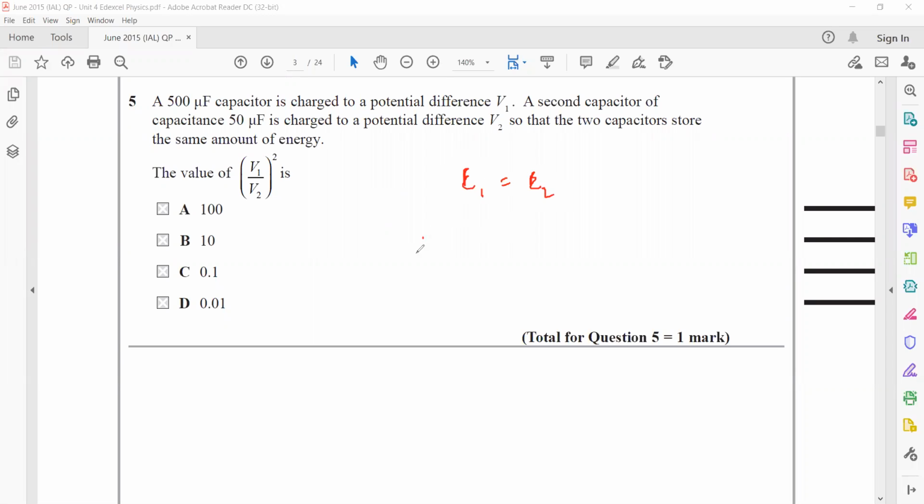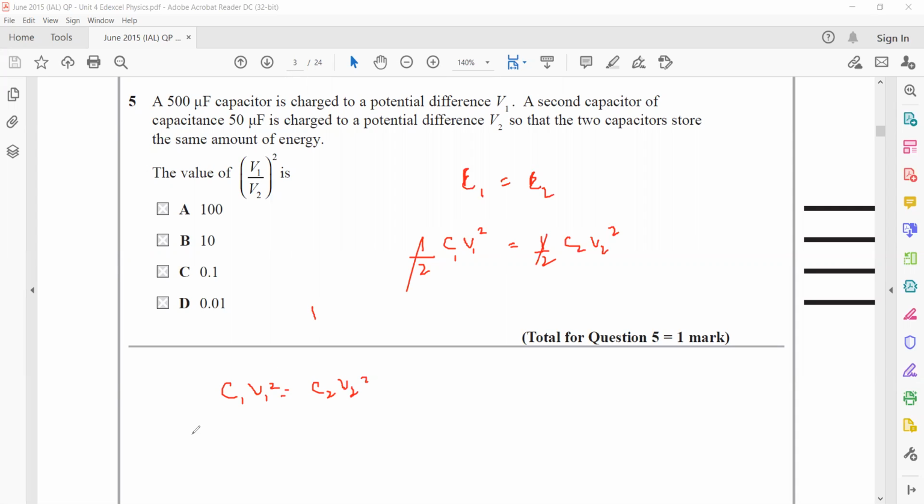We know the energy is half Q V, and Q is equal to CV, so it will be half C V squared. So half C1 V1 squared equals half C2 V2 squared. Half will cancel with half, so C1 V1 squared is equal to C2 V2 squared.